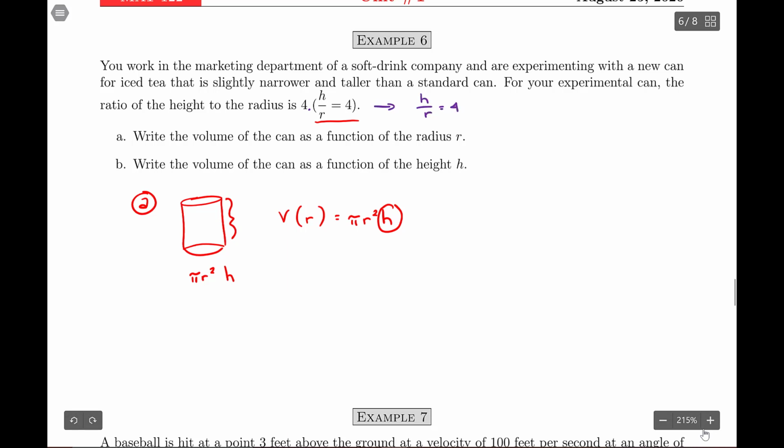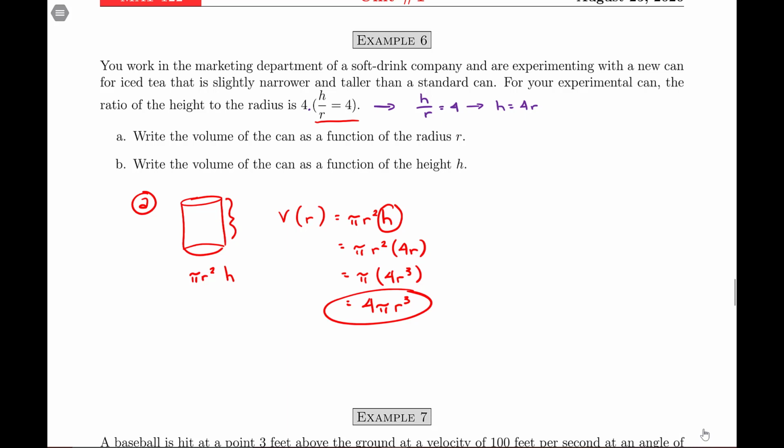If I solve that for h, I multiply both sides by r, and I get h is equal to 4r. So if I replace h in this equation with 4r, I get pi times 4r cubed. Clean this up a little bit: 4 pi r cubed. So that's the volume of the can as a function of the radius.